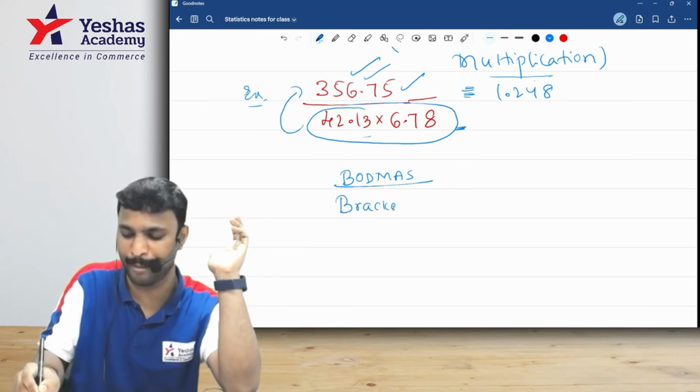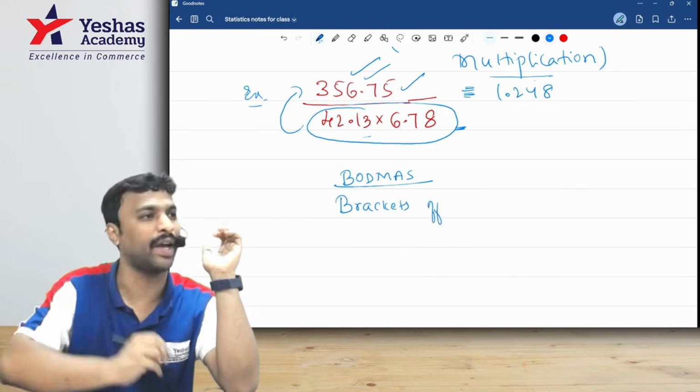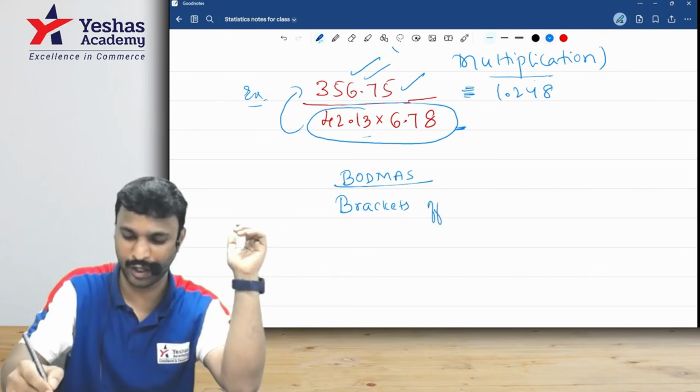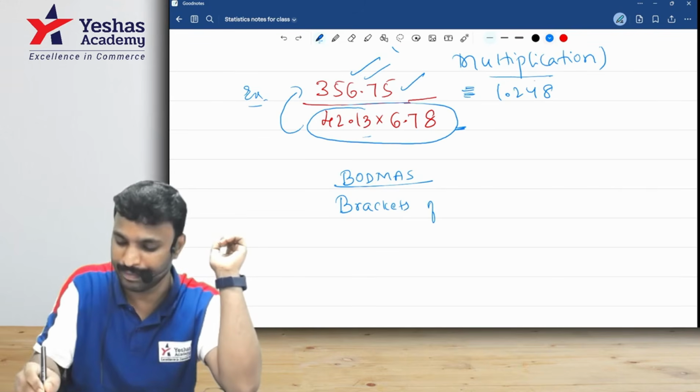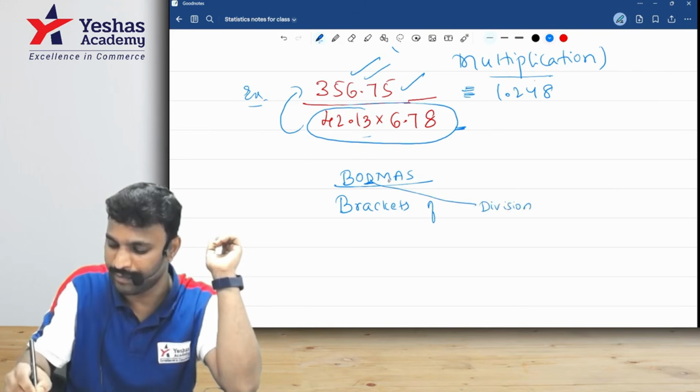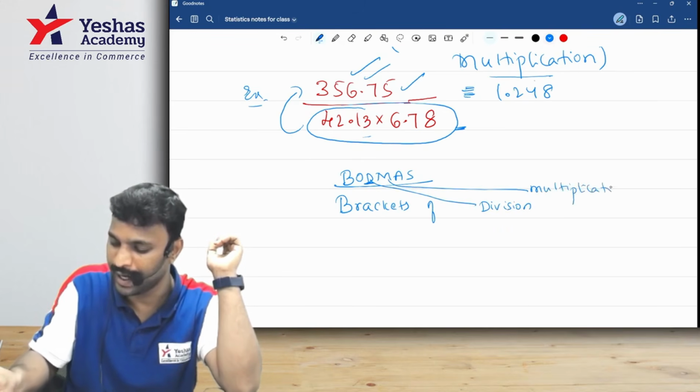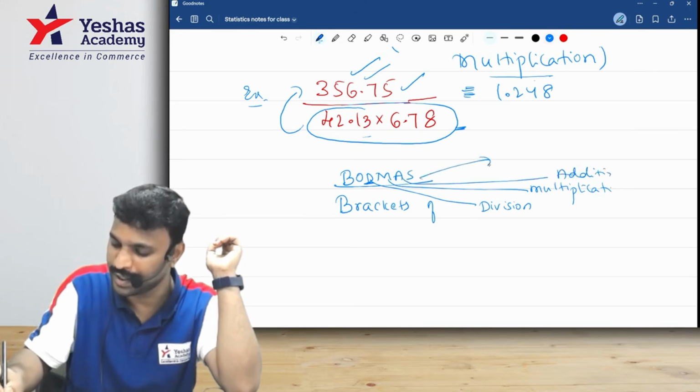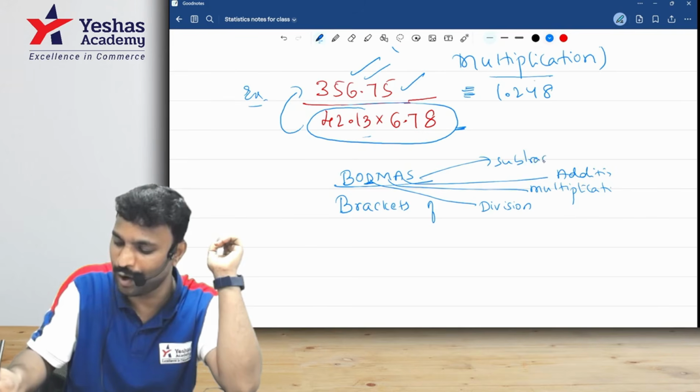Priority is given to brackets, of. First of all, you have to eliminate the brackets. Then D for division, M for multiplication. Then A is addition, then subtraction. So priority should always be like this.